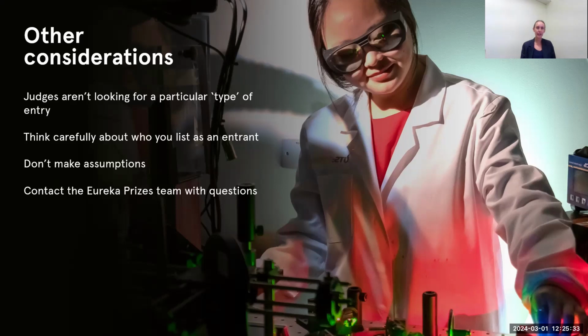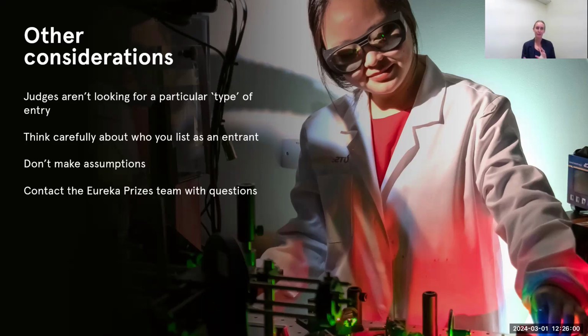My second point here is to think really carefully about who you list as an entrant. Think about where the credit's due. All listed entrants get screened as part of the initial eligibility checks. And once entries go to judges, we can't add anyone else. All those checks have taken place, so you won't be able to add or remove anyone.